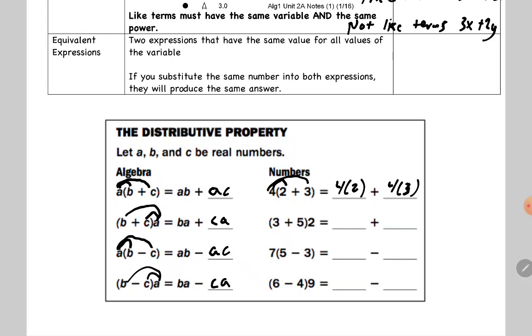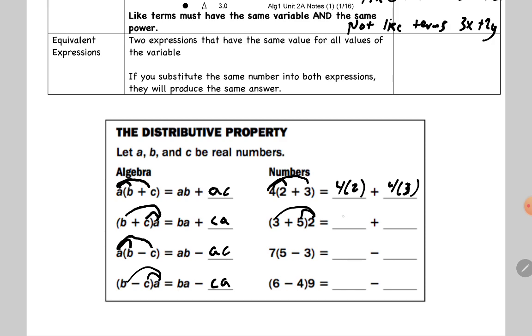Okay, so why are we learning this when we can just do the parentheses, 2 plus 3, and that's 5, and then multiply by 4 to get 20? The reason we're learning this is because they're not always going to give us numbers. There are going to be letters in there, variables. This is how you show your work.